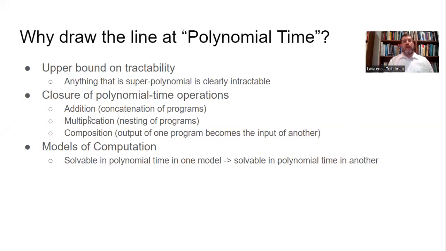If I take two polynomials and I add them, I get a polynomial. Everyone agree with that? Okay, so we call that closure under addition. If I take two polynomials and I multiply them, I get a polynomial. If I take two polynomials and I compose them, what does compose mean?